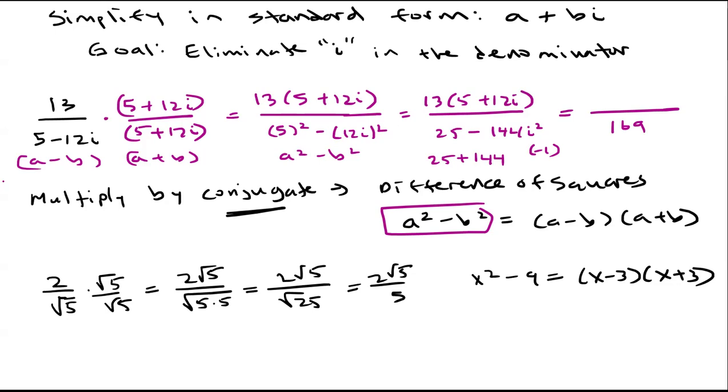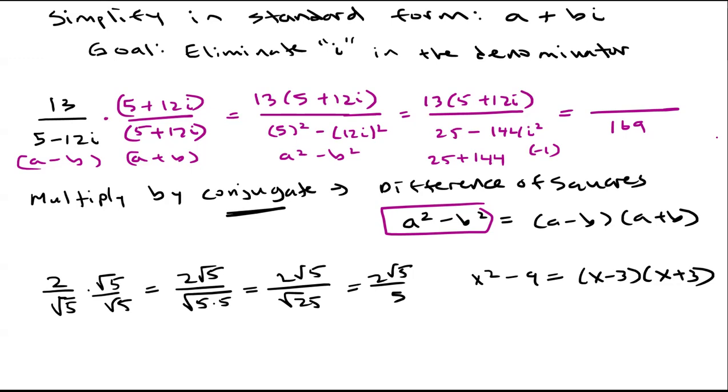But before we do that, what do we notice about 13 and 169? 169 is divisible by 13. Exactly, right? So again, I can distribute this if I want to, but I noticed that 13 and 169, right? They're divisible.